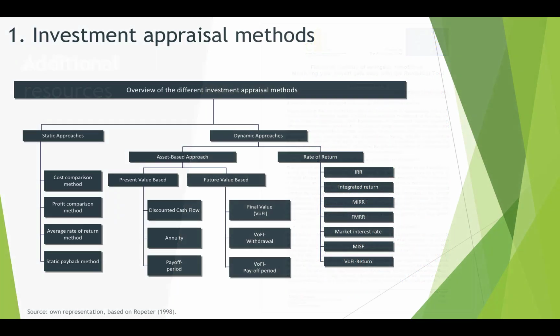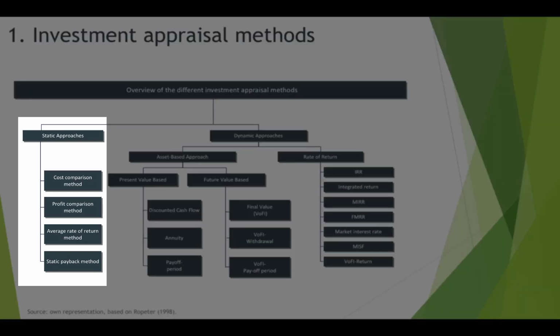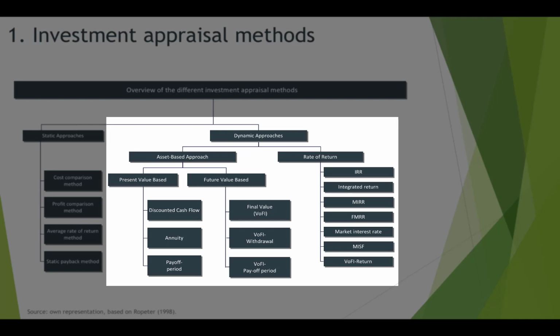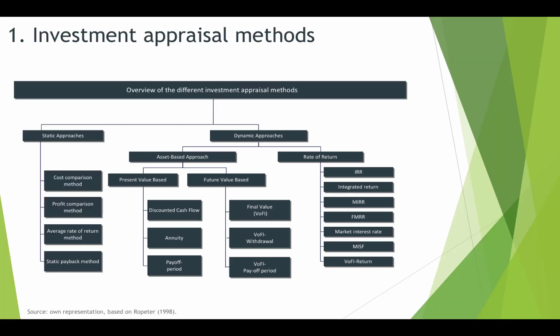So, let's go. Investment appraisal techniques have developed a lot over the last decades. Nowadays, we distinguish between static and dynamic approaches. As energy-efficient modernization procedures have a complex flow of incoming and outgoing payments, static methods for assessing the benefits are rather inappropriate, because the timing of payments is not accounted for.